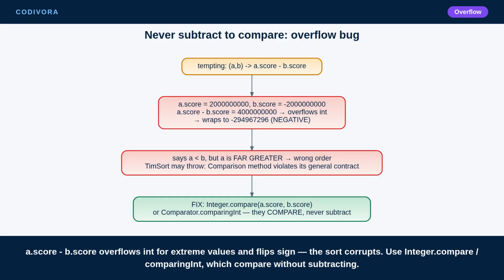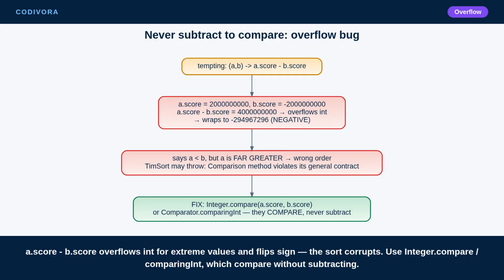A trap interviewers love. Writing a comparator as a minus b looks clean, but subtraction of two ints can overflow. Say a.score is 2 billion and b.score is minus 2 billion. Their difference is 4 billion, but int maxes out near 2.1 billion, so it wraps around to a negative number.